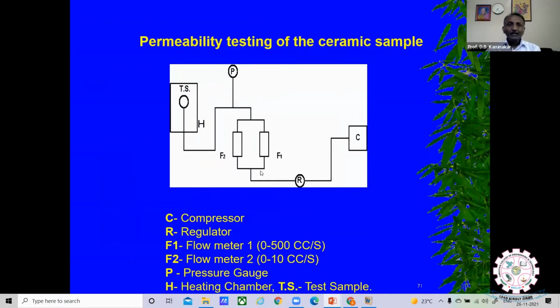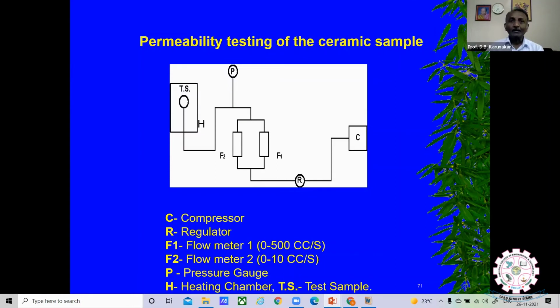Yes, this is the block diagram. You can see here, this is the compressor, this is the regulator, this is the flow meter, and this is another flow meter. This is the pressure gauge. This is that ping pong ball, and it is coming here. The air will come from the compressor and the regulator, and flow through these flow meters. Flow meters F1 and F2 will give us how much quantity of air is passing through them.